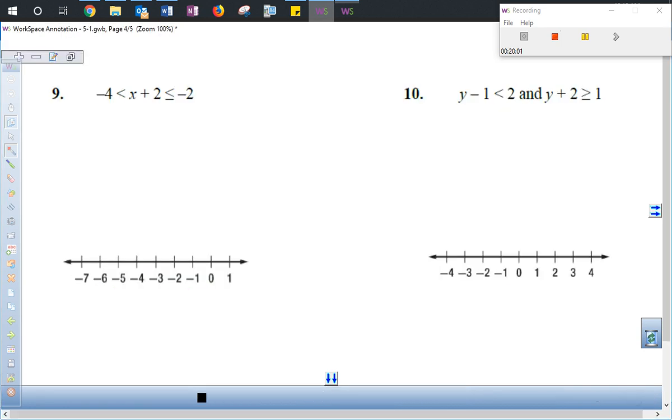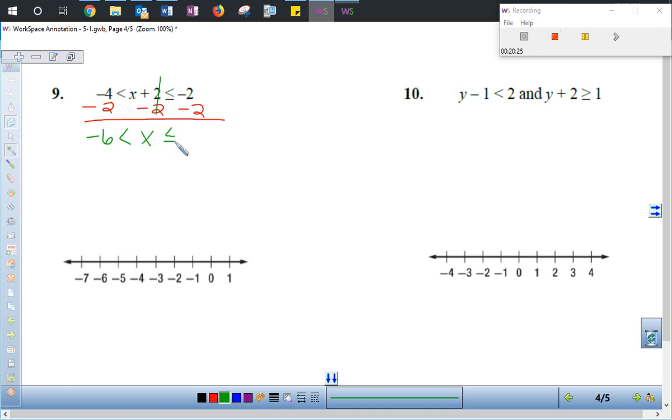On number 9, we have negative 4 less than x plus 2 less than or equal to negative 2. I want to get that x all by itself. So we're going to subtract 2 from each side of our inequality. On the left side, negative 4 minus 2 is negative 6. Bring down my symbol. These 2's cancel out and leave me with x.